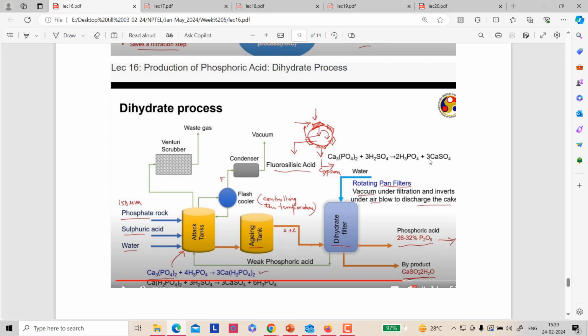So calcium sulfate is produced as cake. Phosphoric acid and calcium sulfate mixture is produced in the dihydrate filter, so we apply rotating pan filters to separate these two, phosphoric acid and this byproduct, which is discharged as a cake. For this reason, rotating pan filters are used.